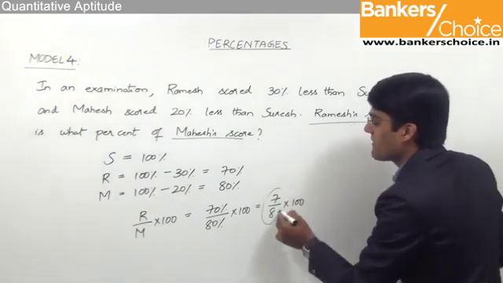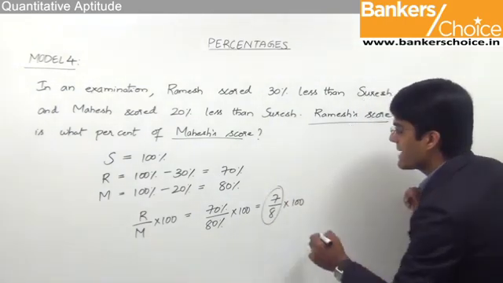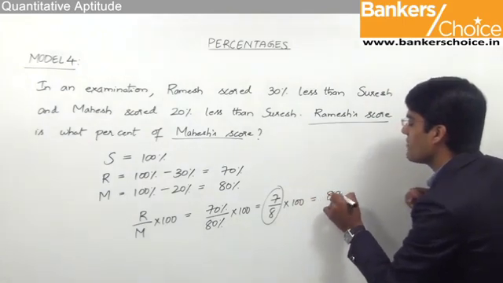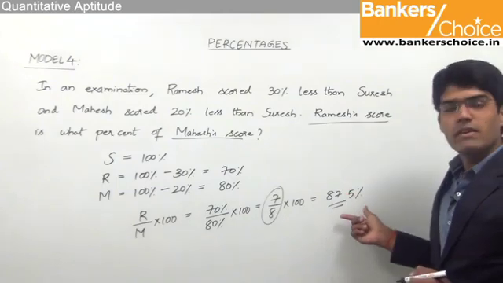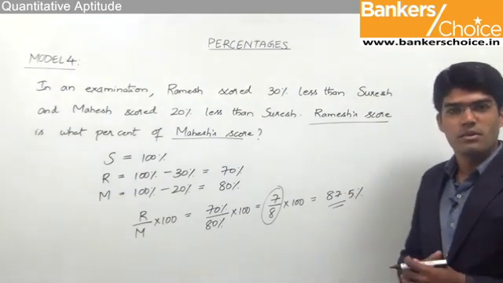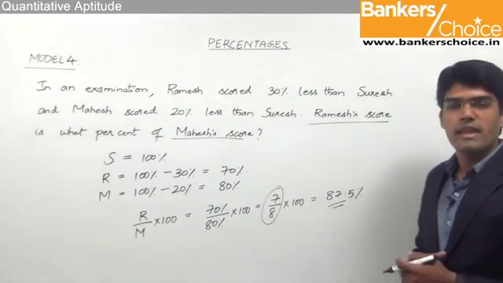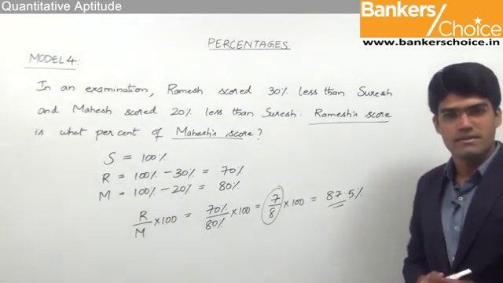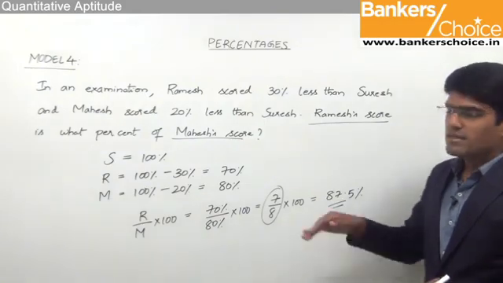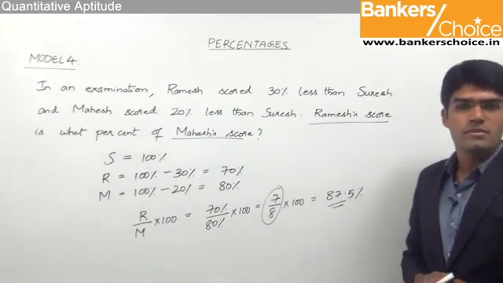And from the knowledge of fractions, we must be able to say that 7 by 8 is equal to 87.5%. So we can say that Ramesh's score is 87.5% of Mahesh's score. So this is how we can apply the concept, that is X is what percent of Y, in solving certain questions. But generally, this concept is more frequently asked when it comes to data interpretation.